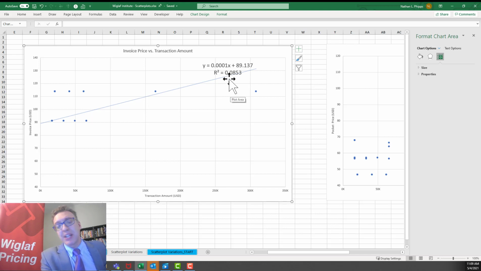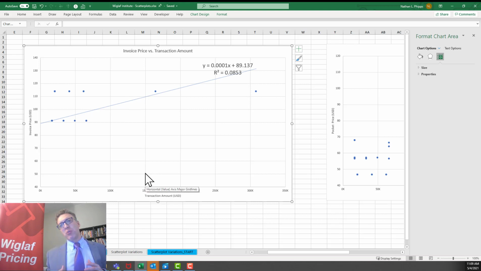We're at 0.0853. So the R-squared value here essentially indicates that there is no correlation between what's happening with your transaction amount and what's happening with your invoice price. So for this example, I wouldn't even add a trend line to this because it's such a weak correlation.